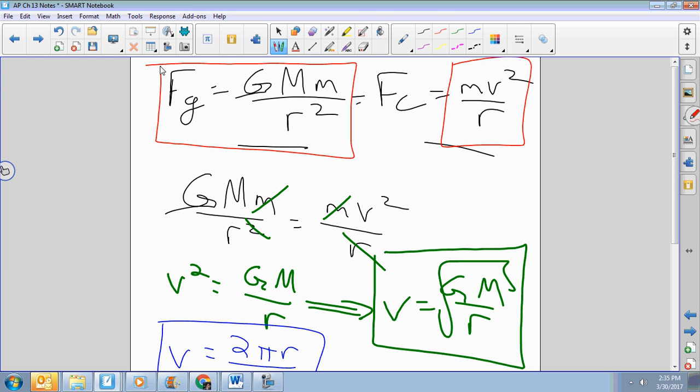And then you realize, what's the force that prevents the moon from floating away? Gravity, right? So when I grab my ball on a string and ask what's providing the centrifugal force, the answer is the string. The tension is equal to the centrifugal force. Here, it's the Earth's gravity that's equal to the centrifugal force on the moon, because that's what's preventing it from floating away.